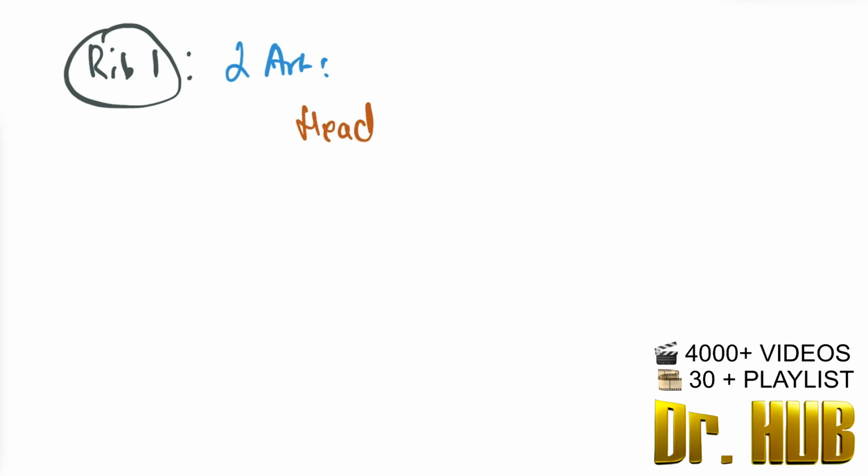Then we have rib 1. What are the rib 1 articulations? Rib 1 has two articulations. The head of the rib articulates with the corresponding vertebral body.